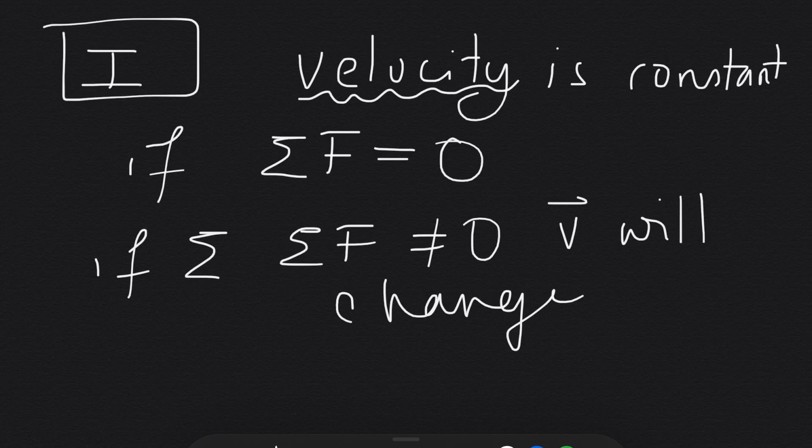That also applies to spinning objects, because the direction of a spinning object constantly changes, right? If something's moving in a circle, the direction keeps changing. So even if its speed is the same, the velocity is changing because it's moving in a circle. Its direction keeps changing, right? Anyhow, this is the first law of motion.